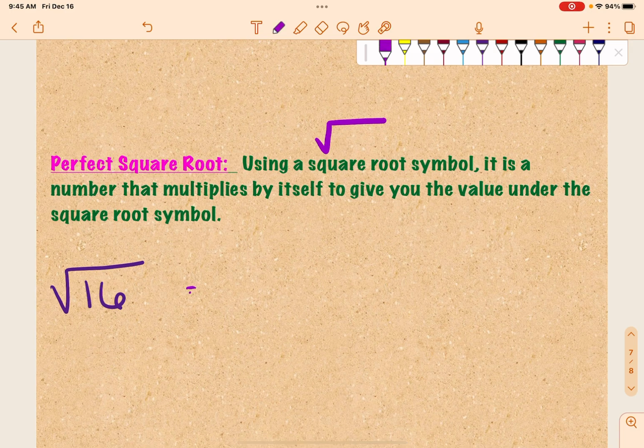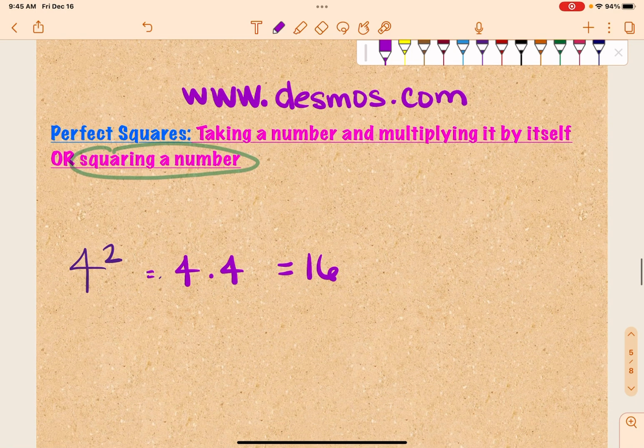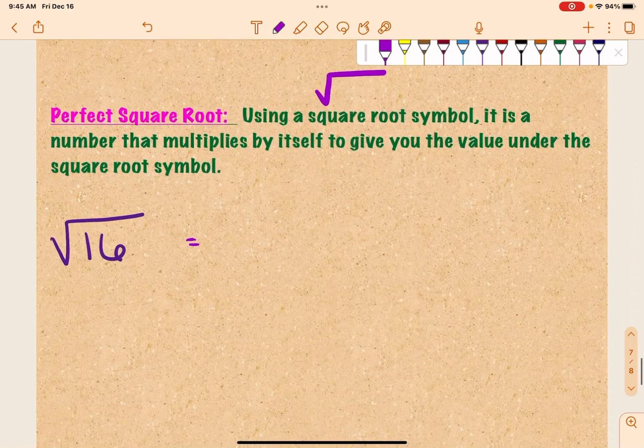So we just talked a little while ago about how 4 to the second ended up being 16. So that means 16 is 4 times 4. So that's kind of the idea that we use here. So if you know that it's the square root of 16, that means you want to find what number times itself gives you the one underneath, and the square root is just one of them.